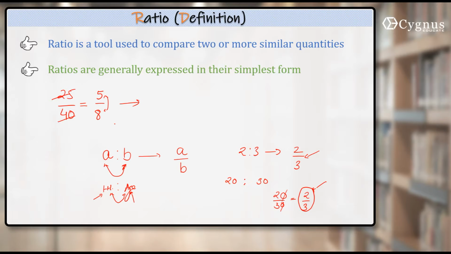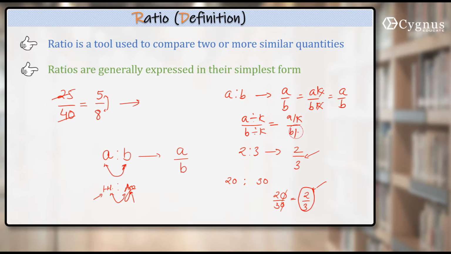And the reverse is also true. If you get a ratio like A is to B, if you multiply both numerator and denominator by the same number, it becomes AK by BK. And finally, when this K is cancelled out, we'll be left with the same ratio. Same thing will work for division also. If you divide both numerator and denominator of a ratio by the same number, finally what will happen?